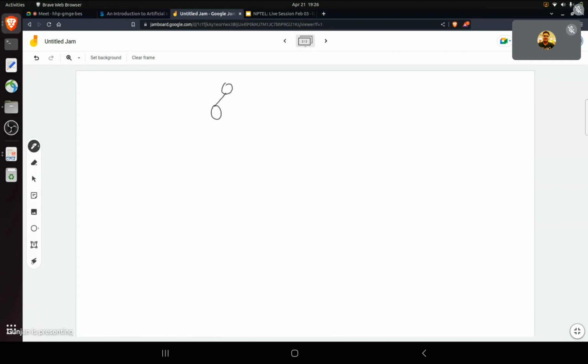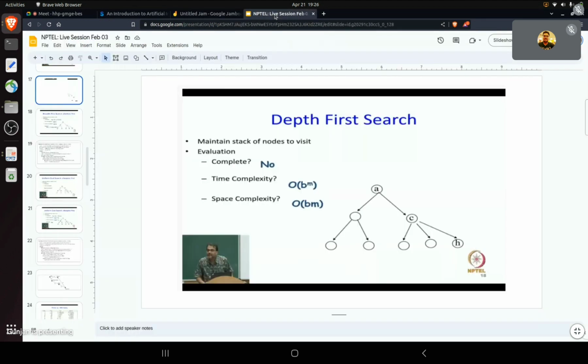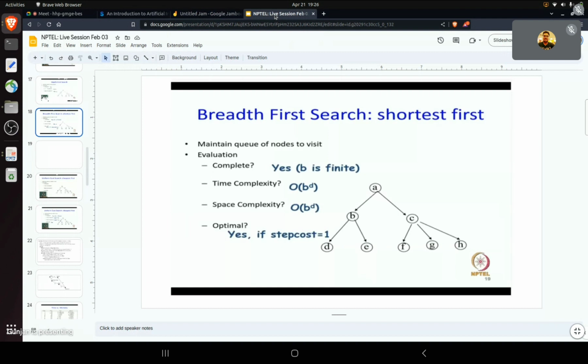Yes. The only concern is that when we talk about completeness, it is normally in asymptotic notation only. So when the tree is of infinite depth, and we also clarify that BFS is complete only when the breadth of the tree is finite, only when b is finite.